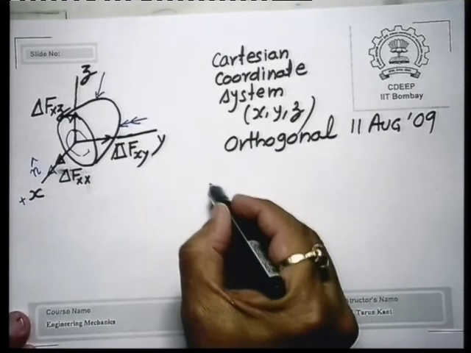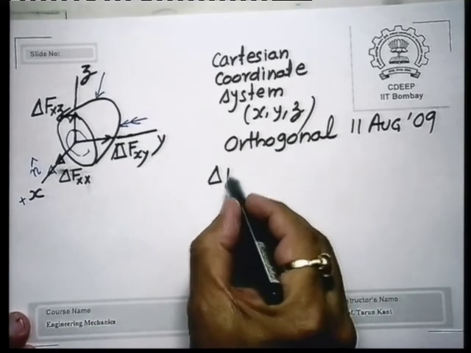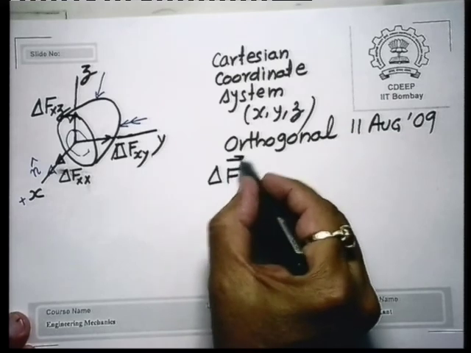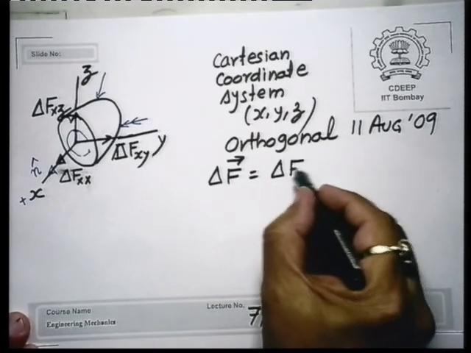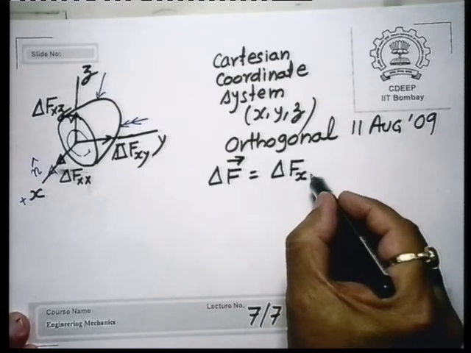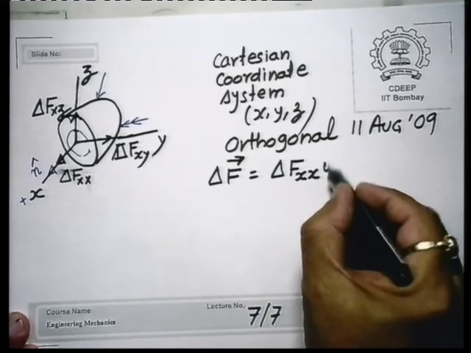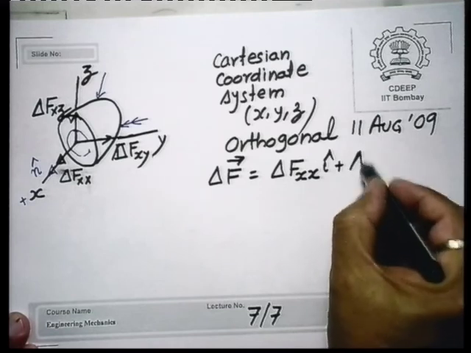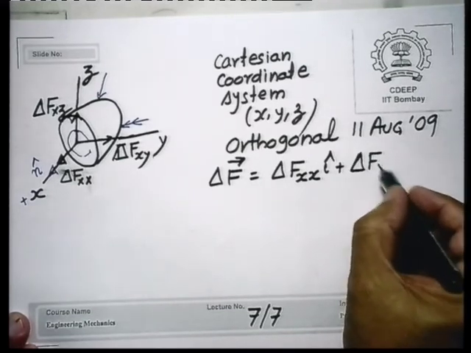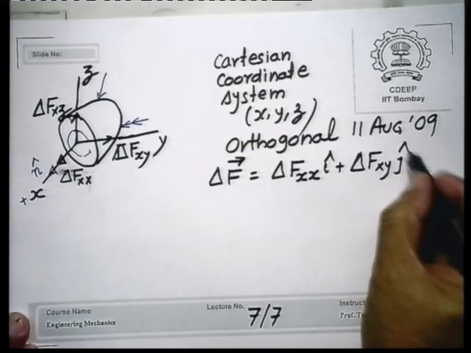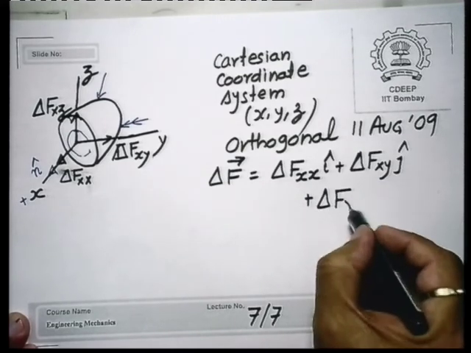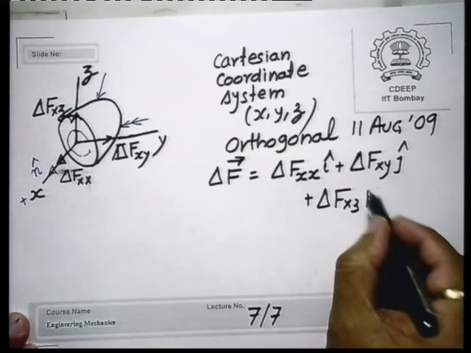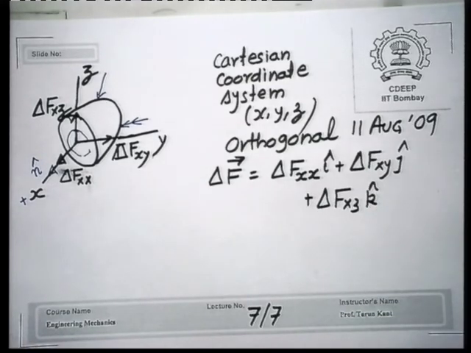So basically this is a force delta F that is acting on this plane, and that has been decomposed into delta Fxx i plus delta Fxy j plus delta Fxz k. Is it clear?